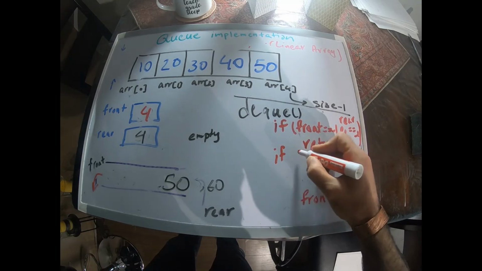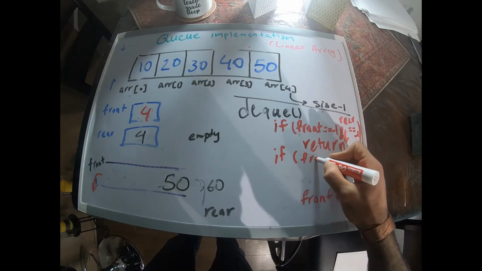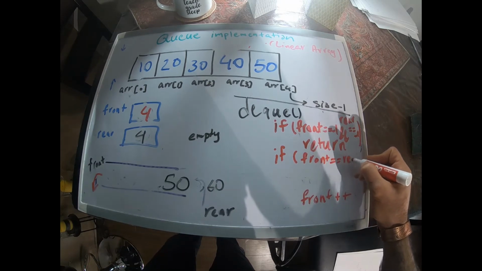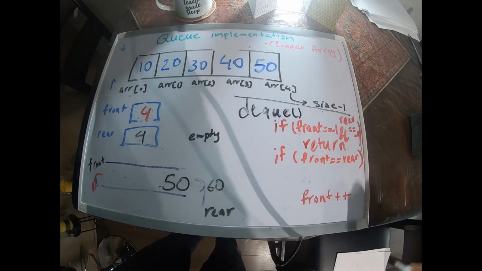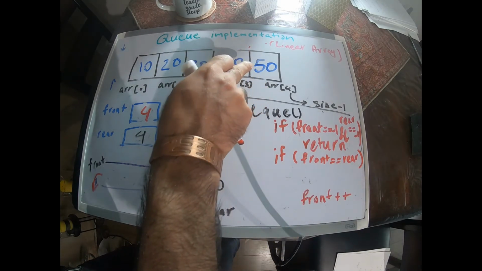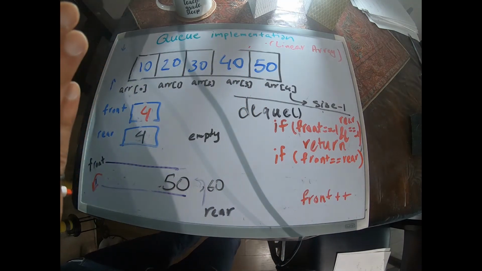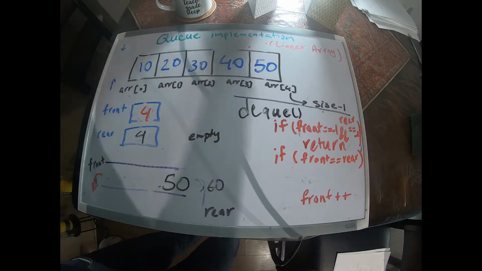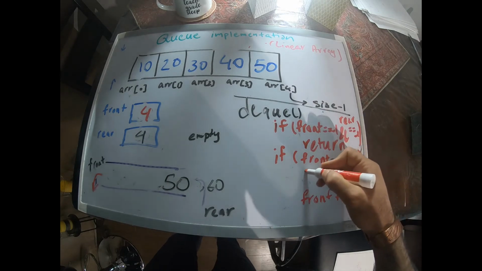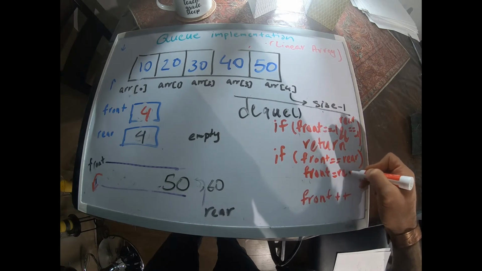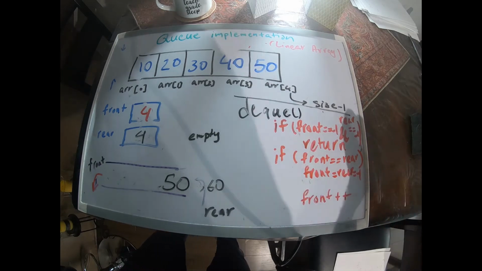If front is equal to rear, this means that we only have one number in the Q and we are DQing the last number in the Q. So after this, our front and rear will both be equal to -1.